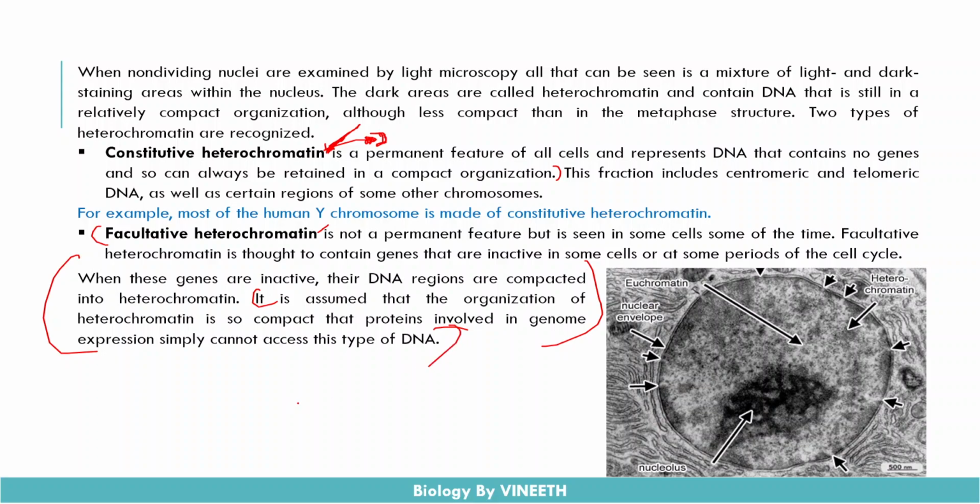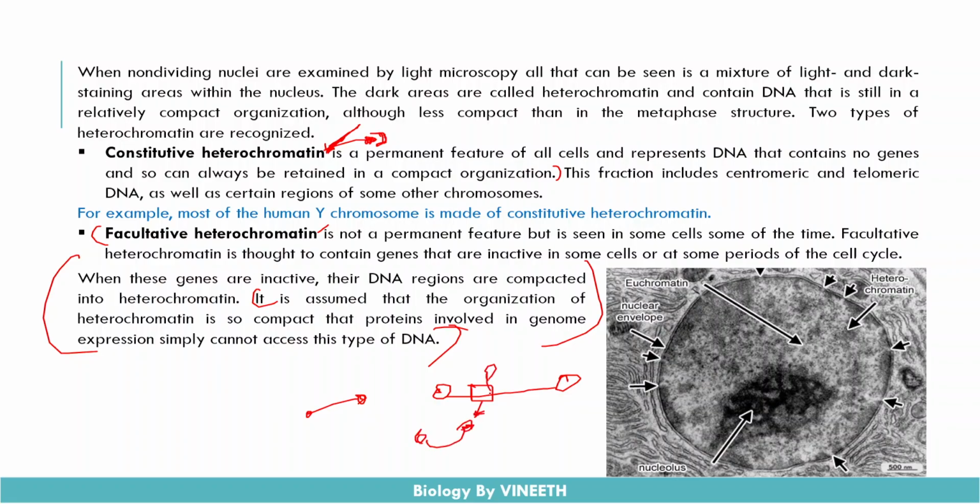Because heterochromatin itself is a highly condensed region inside the nucleus. If it is highly condensed, a lot of proteins won't have enough access to go and bind to the DNA sequences, or the major groove of the DNA. If it is loosely bound, the DNA is readily available, the promoter regions of the gene sequences are readily available, so the proteins can interact with these promoter sequences.